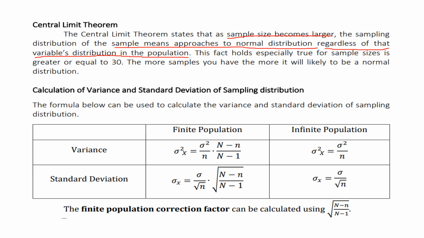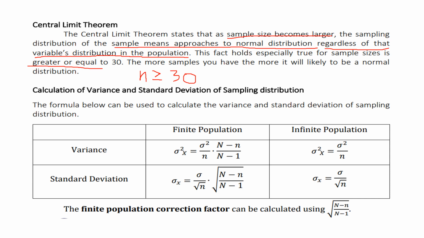These facts hold especially true for sample size greater than or equal to 30. So we apply your central limit theorem if your sample size is greater than or equal to 30. The more samples you have, the more likely it will be a normal distribution.